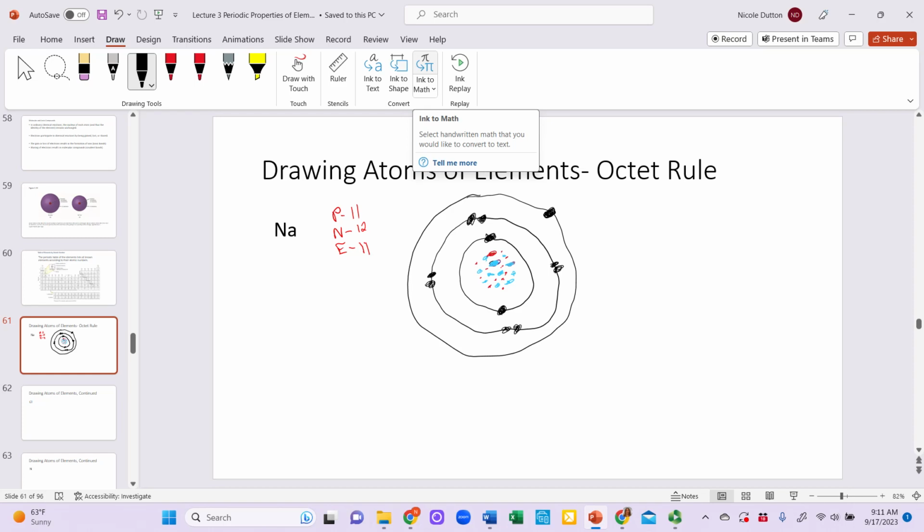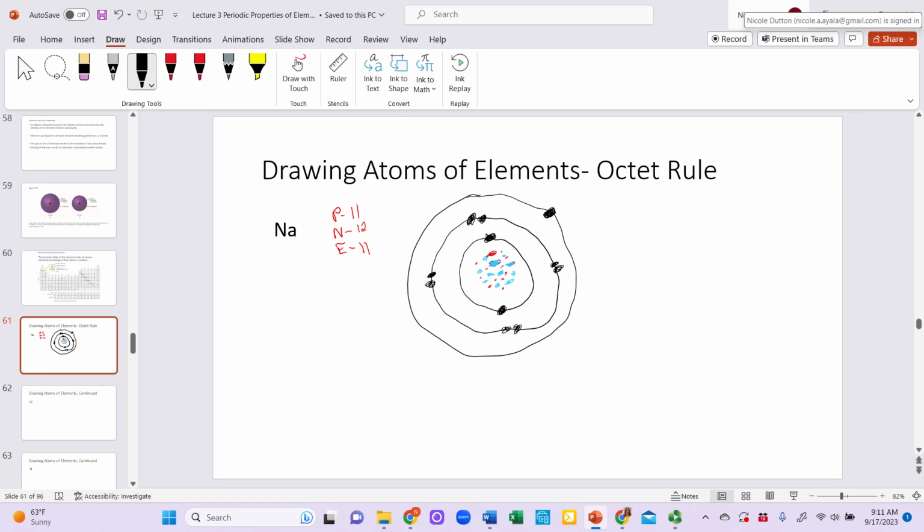So when it's by itself, it feels uncomfortable. It would prefer to have all 8 on the outer shell. So in order to make this one happy, it wants to either gain 7 electrons, or it wants to leave and go join with someone else where it can be happy and it can be paired up on another atom.